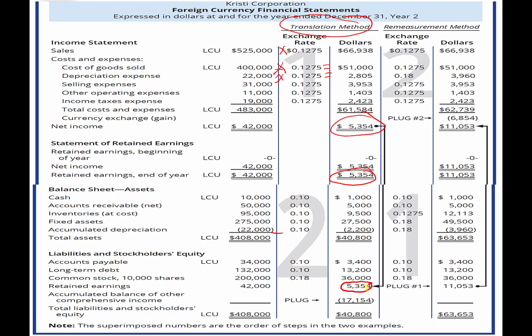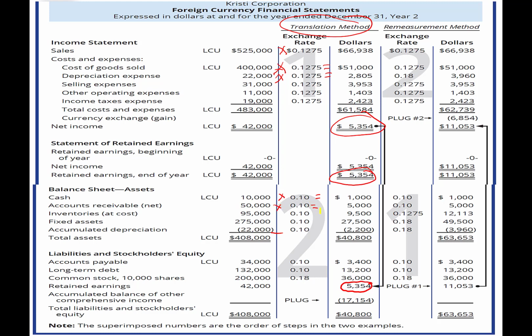We say plug, I mean our net income rolls down to our retained earnings, right? And then we go on the process using pretty much the current rate for everything except the common stock. Okay, we use the current rate, year-end rate for everything on the balance sheet.